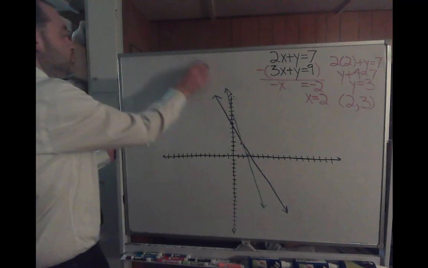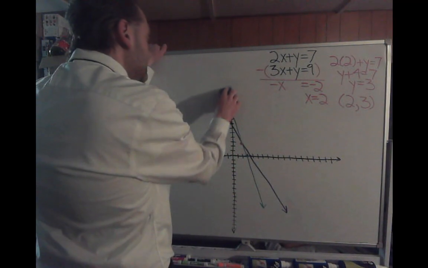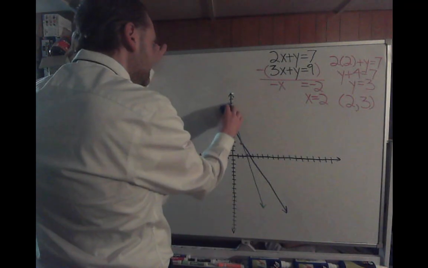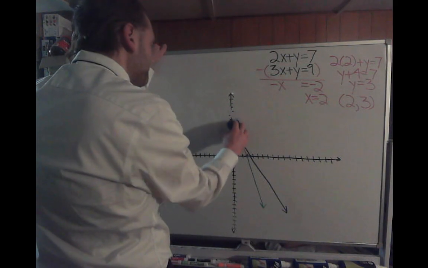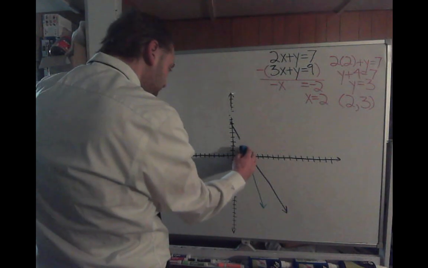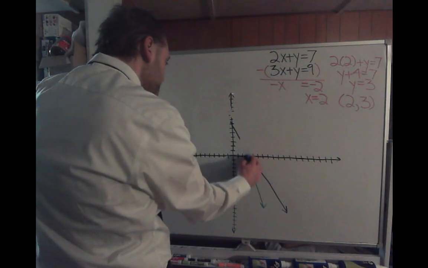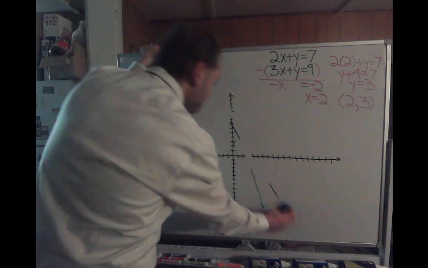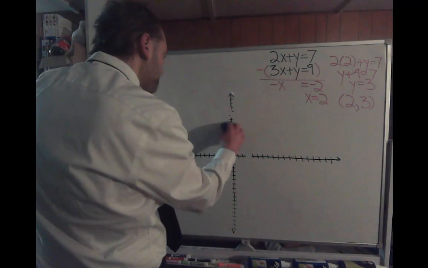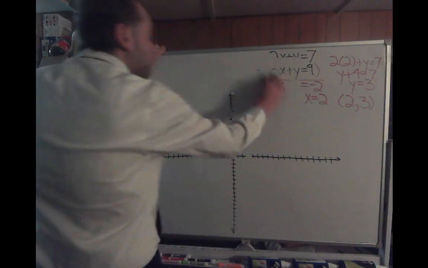It's good to get the x and y intercepts of each line, plot those, and then plot the point of intersection, and then draw each of the lines through those. That's how you make a good connection. Alright, let's come up here. I destroyed a very good part of this coordinate plane.